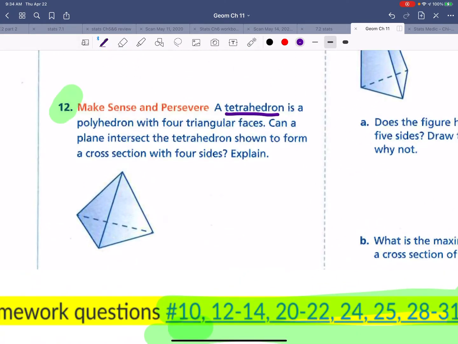Question number 12. A tetrahedron, so only triangles, is a polyhedron with 4 right triangular faces. So the face on the bottom and then the 3 triangles on the side. Can a plane intersect the tetrahedron shown to show something with 4 sides? I think, yeah, you could pick these front 2 and the bottom 2.